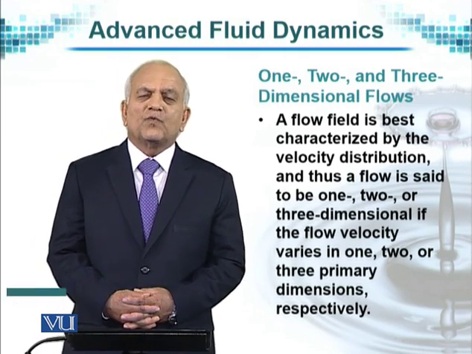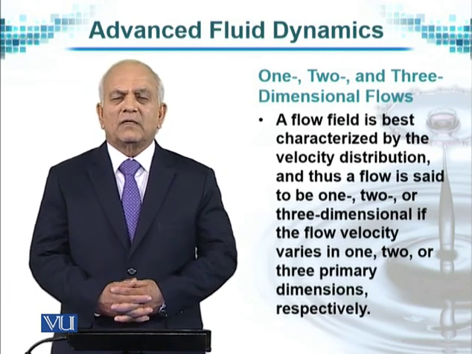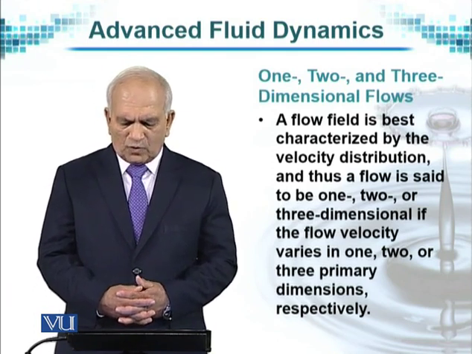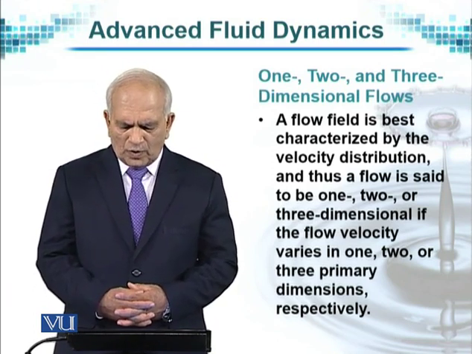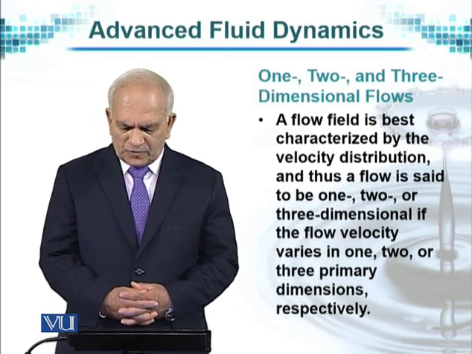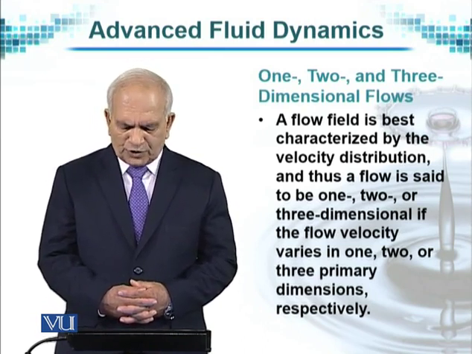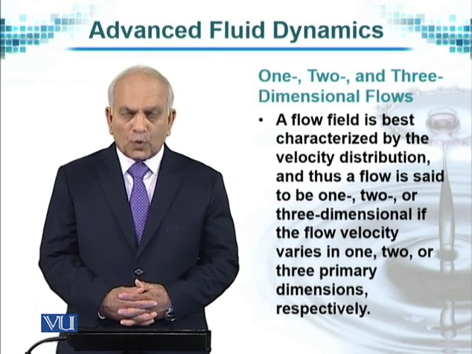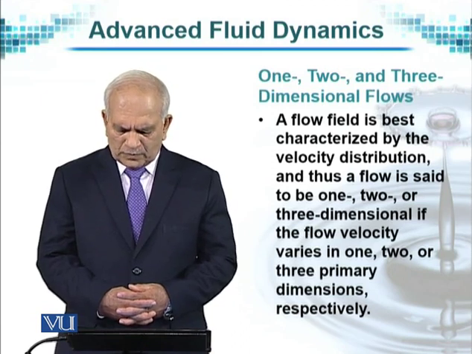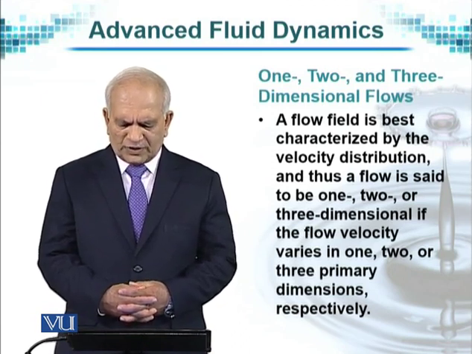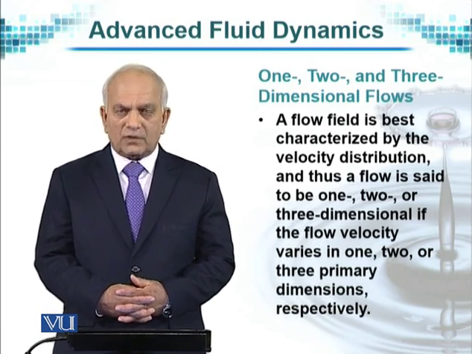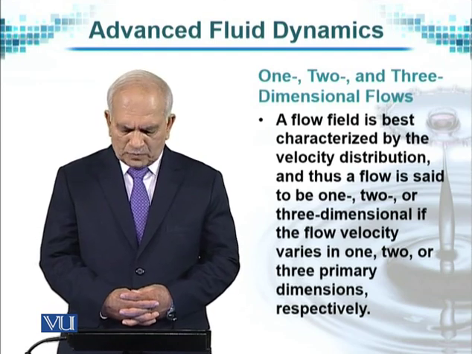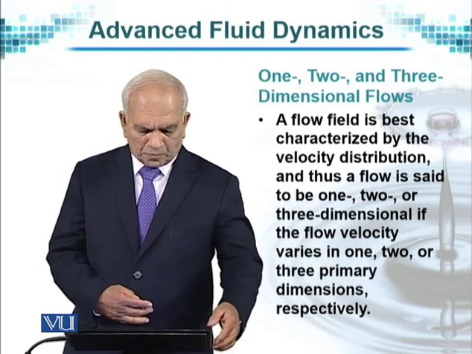At the moment, we are just introducing or describing what kind of flows these three can be and how we address them. A flow field is best characterized by velocity distribution, and thus a flow is said to be 1, 2, or 3-dimensional if the flow velocity varies in 1, 2, or 3 primary directions or dimensions.